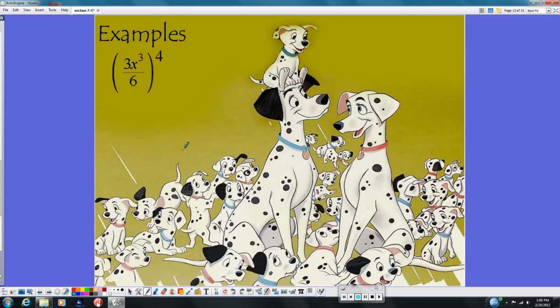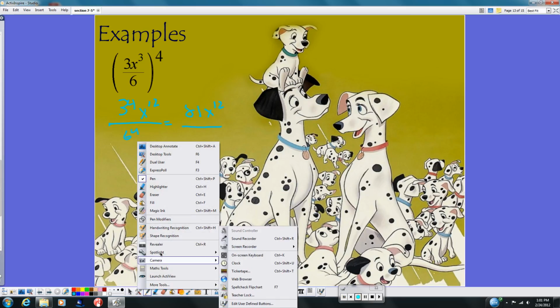Let's try this example. We have 3x to the 3rd over 6 to the 4th power. So we're going to take 3 to the 4th, x to the 12th, over 6 to the 4th. 3 to the 4th is 81, x to the 12th, and 6 to the 4th, let's do that on the calculator, 6 to the 4th power, and my calculator is dead. So let's bring up this calculator.